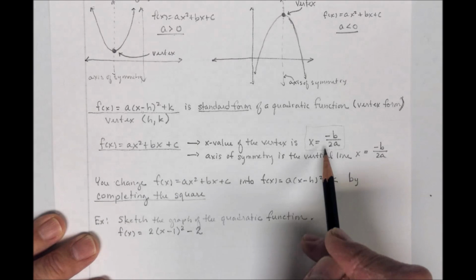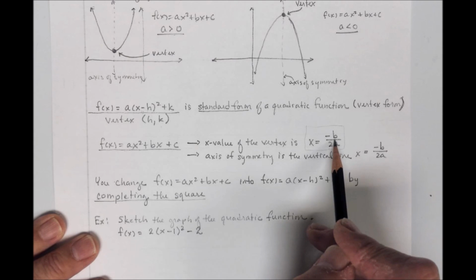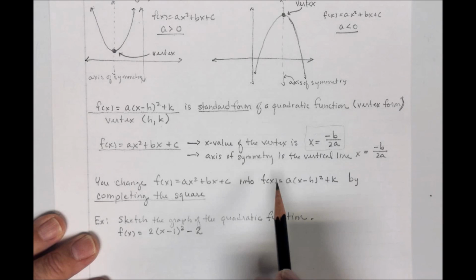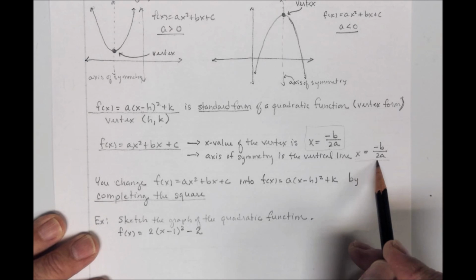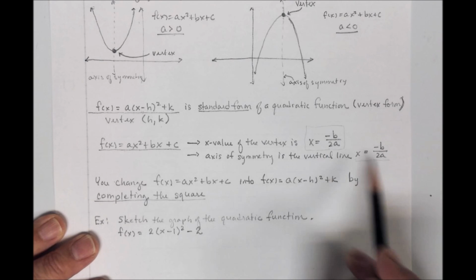What's nice about the x value here is that the axis of symmetry is a vertical line, so it will always be in the form x equals a number. This is the actual equation of the axis of symmetry: x equals the opposite of b over 2a. So not only does the opposite of b over 2a give you the x value of the vertex, it also gives you what you need for the axis of symmetry.